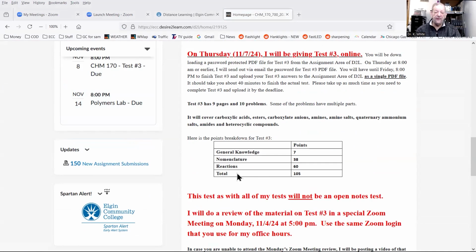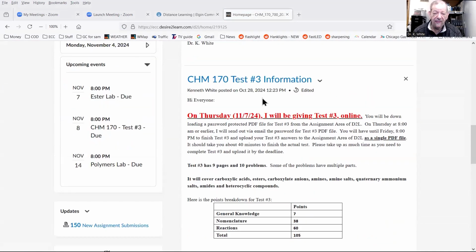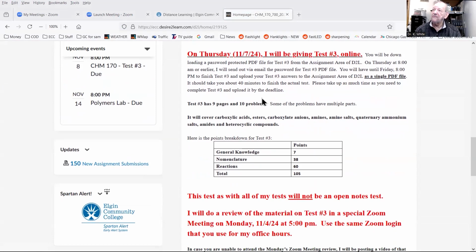And test number 3, as I said in the announcement that I put out on the 28th of October, a while ago, has 9 pages, 10 problems. All my tests are multiple part, never multiple choice in this class. It will cover carboxylic acids, esters, carboxylate anions, amines, amine salts, quaternary ammonium salts, which are near and dear to my heart, amides, or amides, depending on which side of the ocean you are.